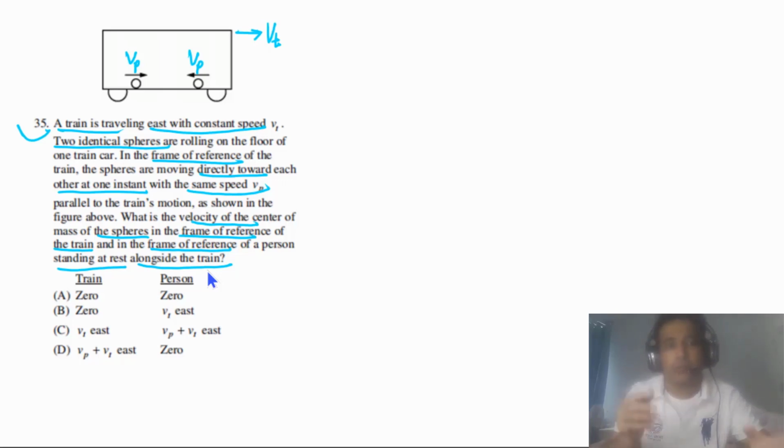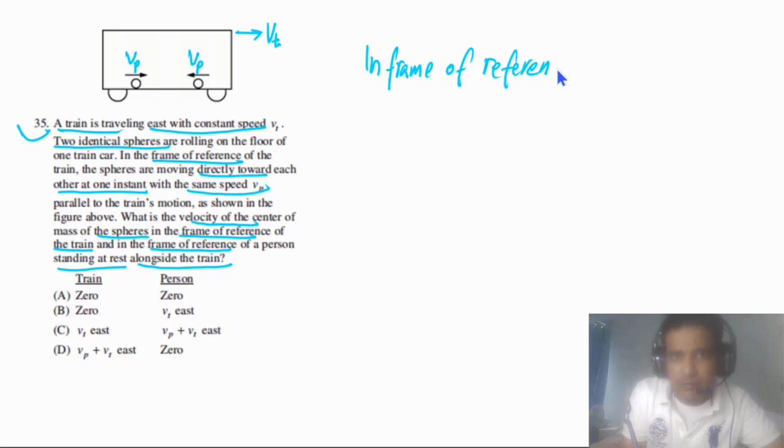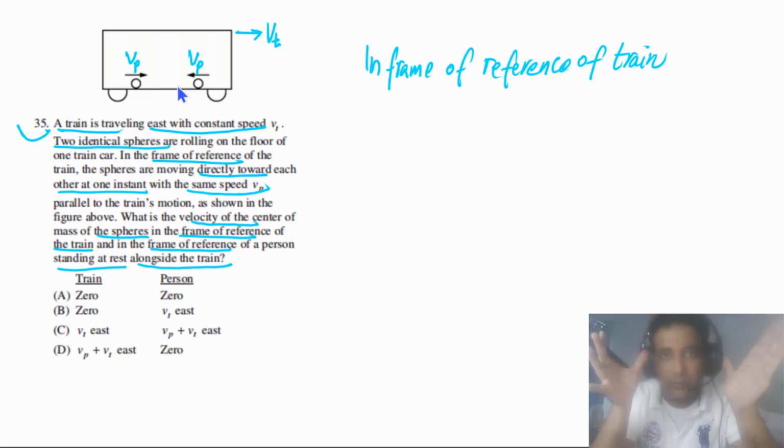First of all, we need to understand the frame of reference of the train. In this case, the two spheres are moving towards each other with constant speed in opposite directions, so the center of mass will stay at rest.